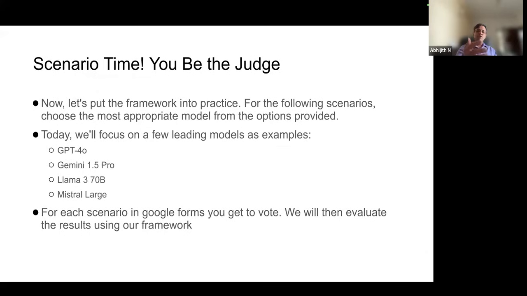Now it's for you to be the judge, and to make it a little more meaningful and simpler, we are going to make a choice between these 5 models: GPT-4o, Gemini 1.5 Pro, Llama 3 70 billion, and Mistral Large. And I'm going to give you different scenarios, and let us see which model we would choose. Okay. So that's the idea.